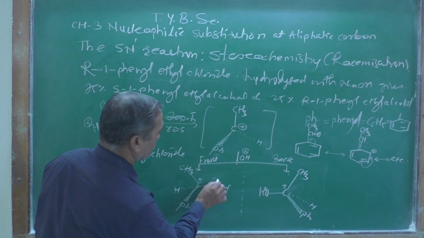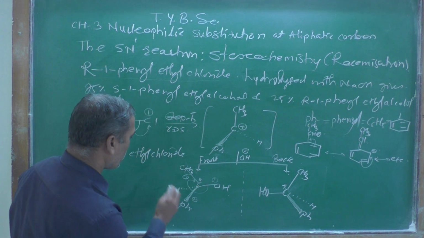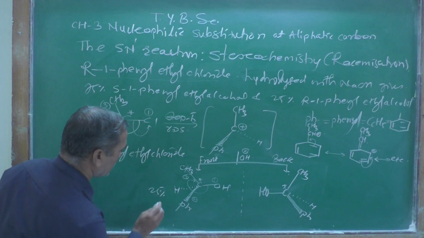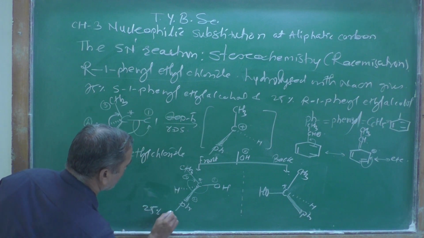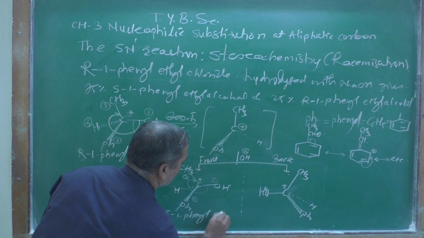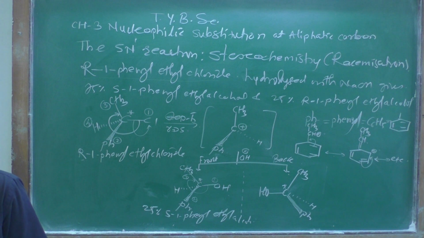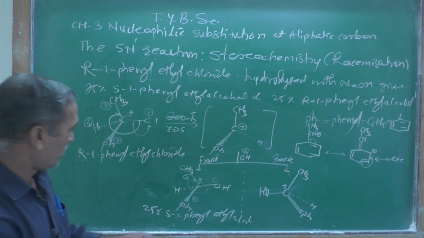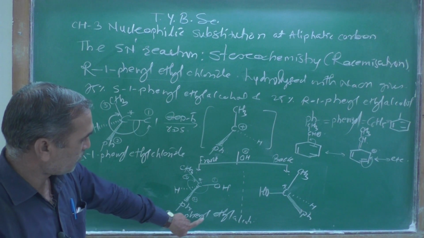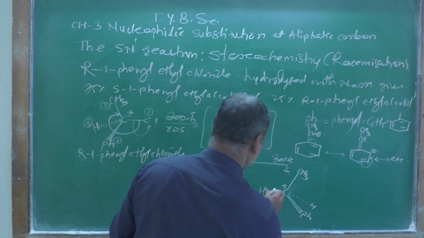Look at here, 1, 2 and 3, and here we are getting 25%, yes, 1-phenylethyl alcohol. We are getting 1-phenylethyl alcohol.